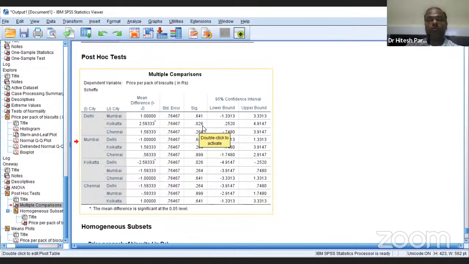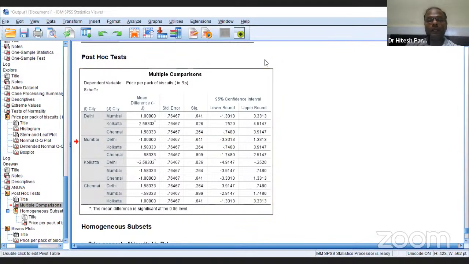Whenever a p value is less than 0.05, you need to conclude it as a significant difference. So Kolkata and Delhi, there is a significant difference.